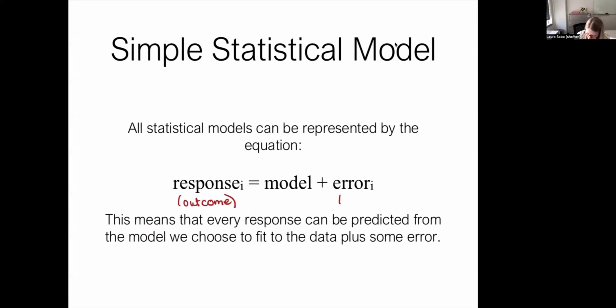This is how each sample or observation differs from our model. So this means that every response can be predicted from the model that we choose to fit the data plus some error.